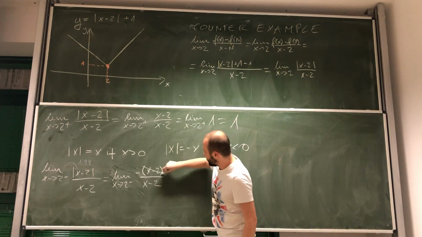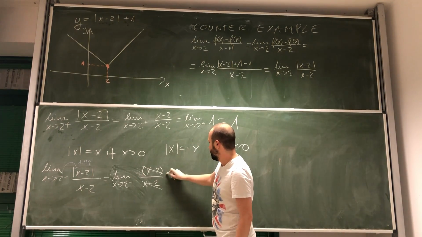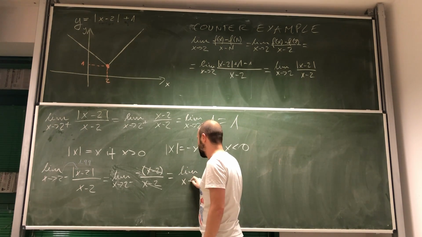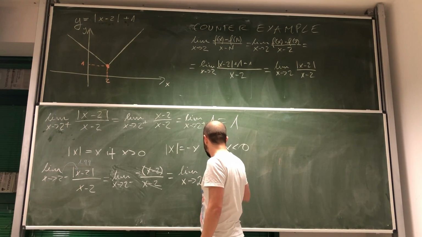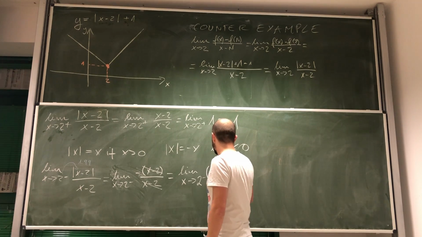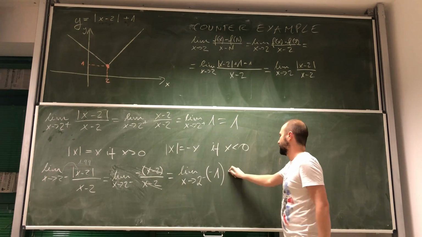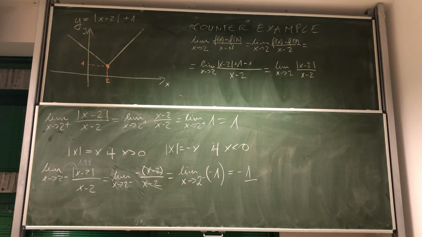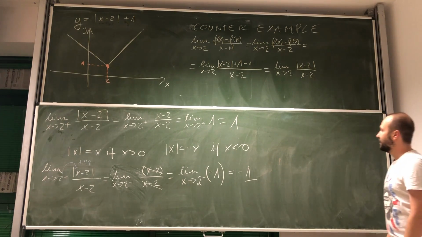Those two cancel each other out again, and then I'm getting that this is the limit with x approaching 2 from the left-hand side of negative 1. The limit of a constant is a constant. It is negative 1.